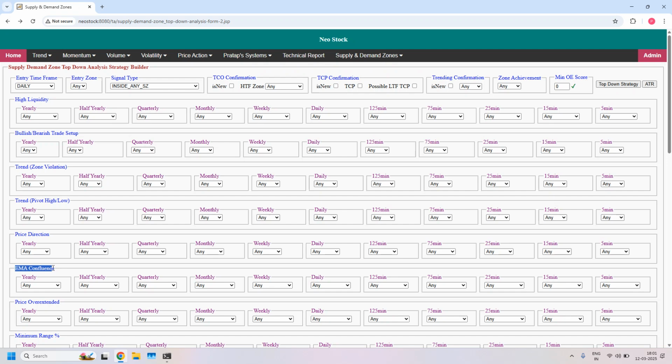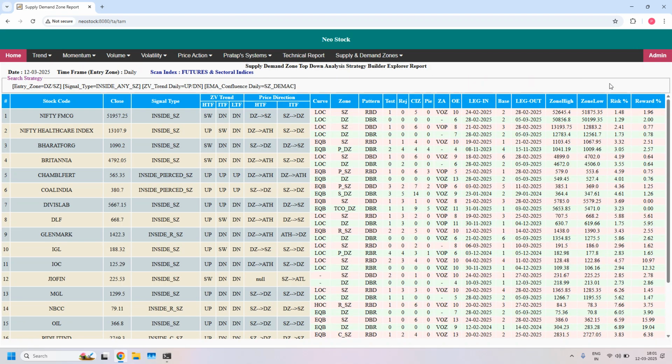So in the EMA confluence at daily time frame, setting the filter daily supply zone having daily EMA confluence, and trend on the daily time frame is up or down. With these filters, now the list is reduced. First 15 stocks in the list. Scrolling the list down.